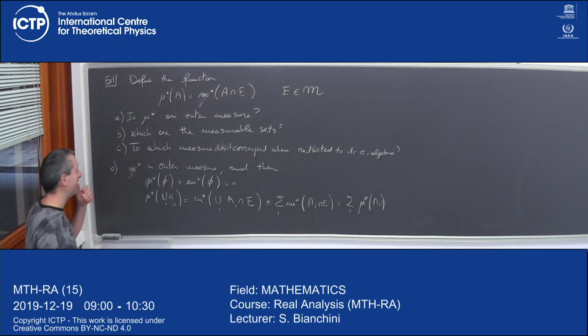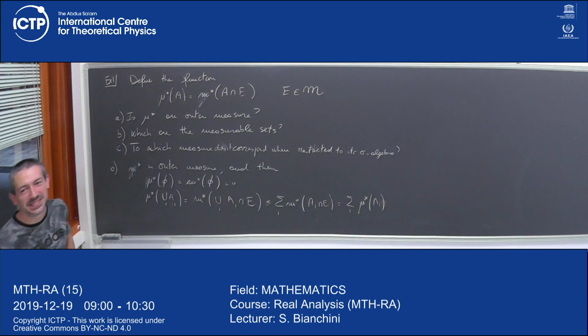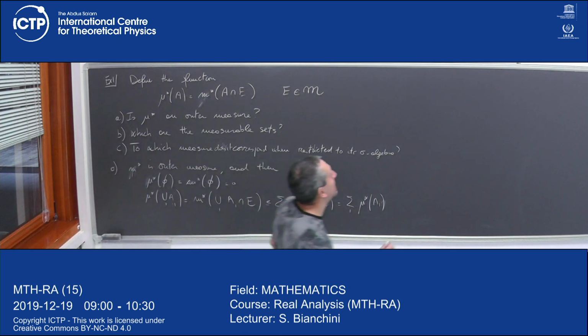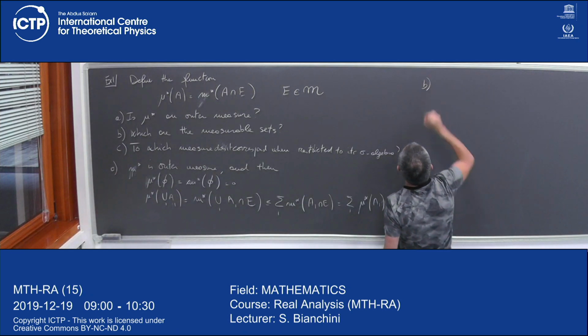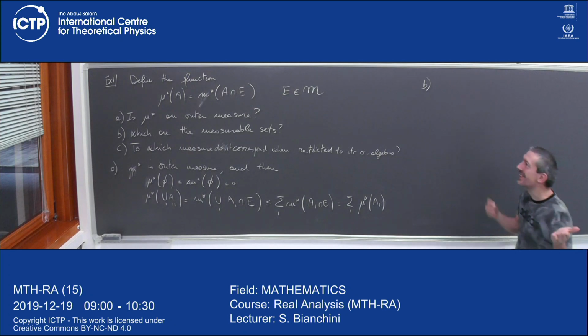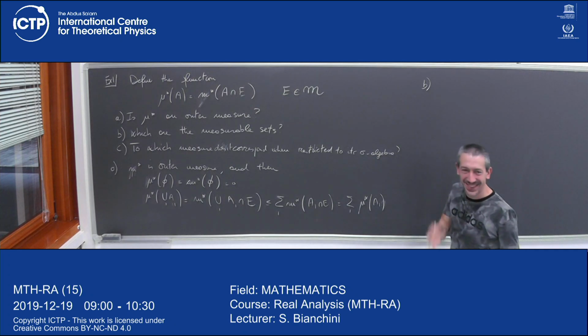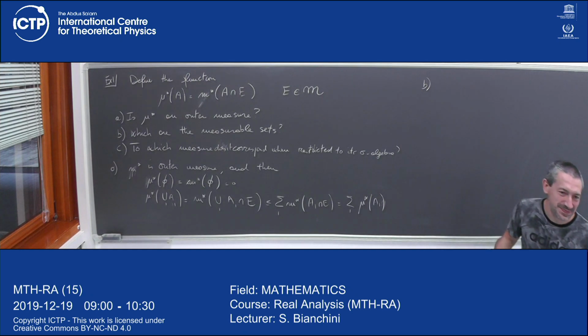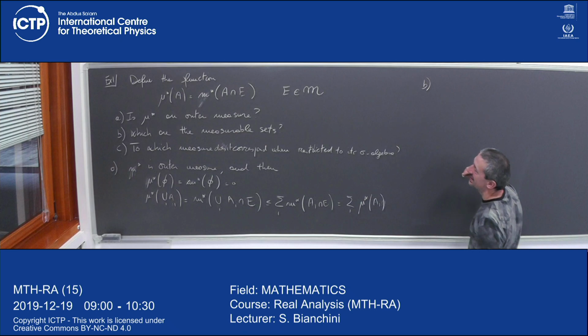Well then, which are the measurable sets? This is a little bit tricky. Sets whose intersection with E is measurable? Yes, it's true. So how to verify that? By the definition.